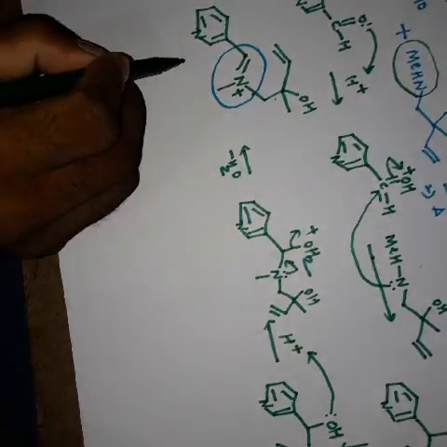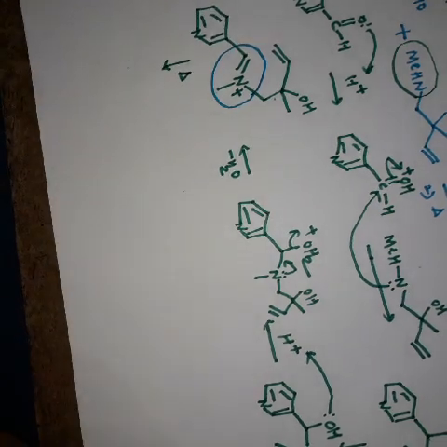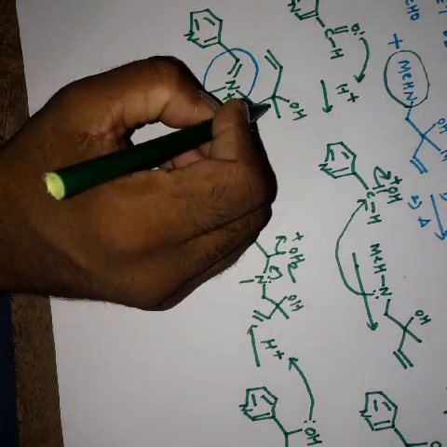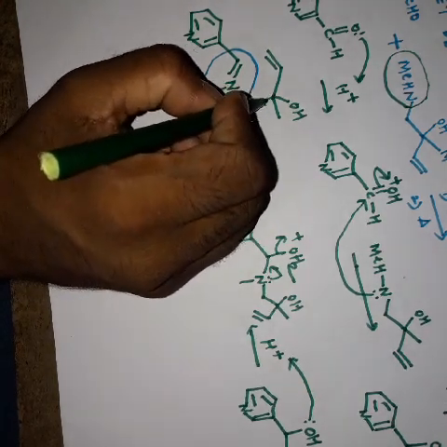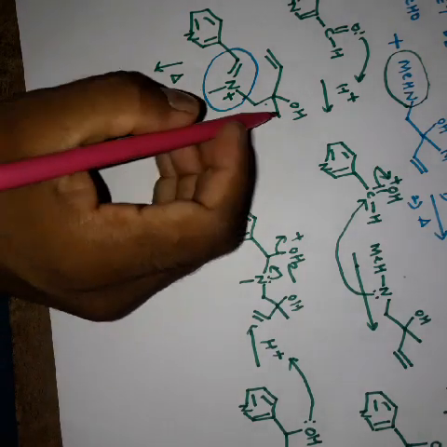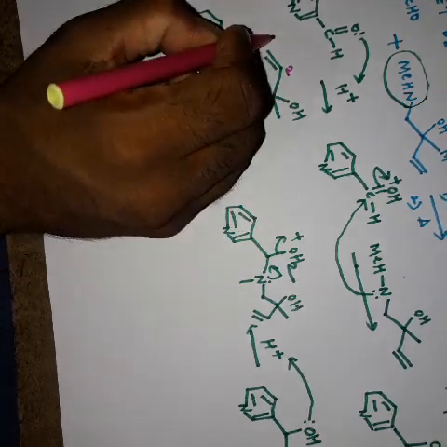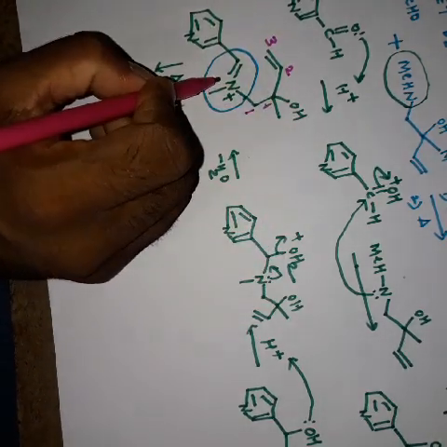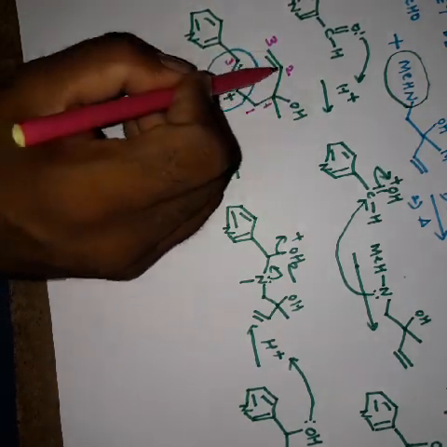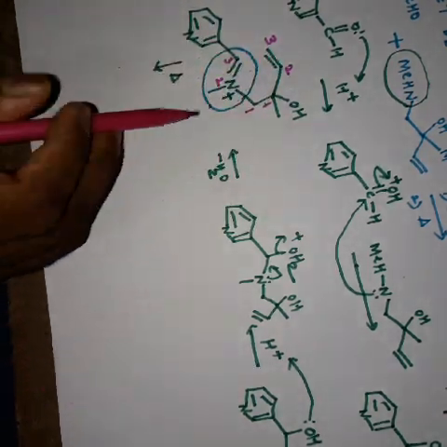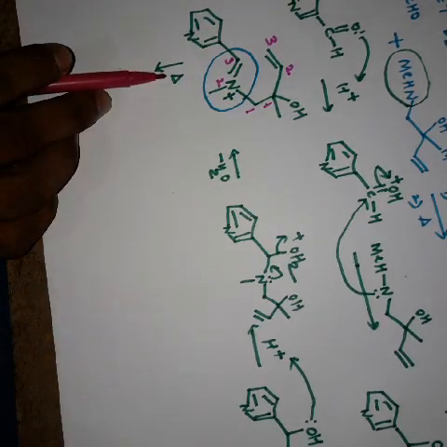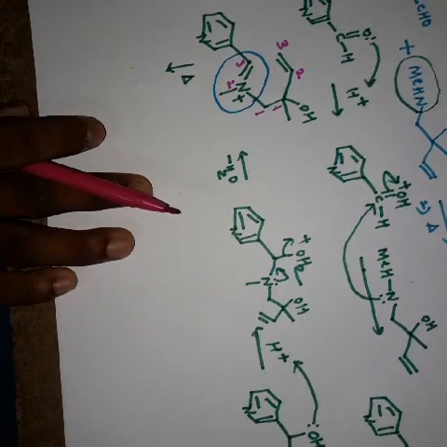So first, in presence of a heating condition, from this position this is 1, this is 2, this is 3, this is 1, this is 2, and this carbon is 3. So from 1 to 3 and 1 to 3, this will set up a 3,3 sigmatropic rearrangement, since the heating condition is given, which belongs to the pericyclic concept.